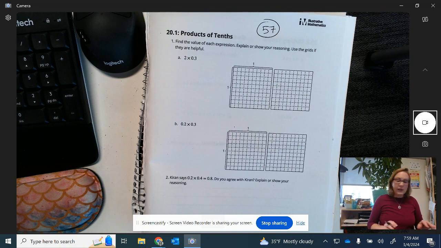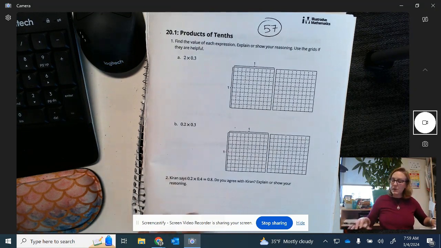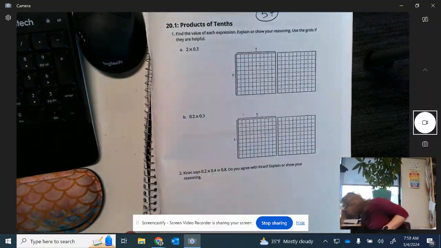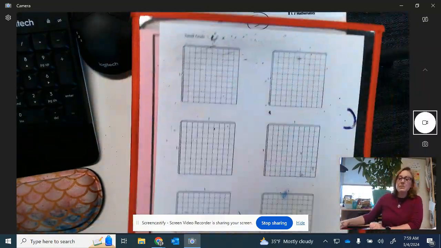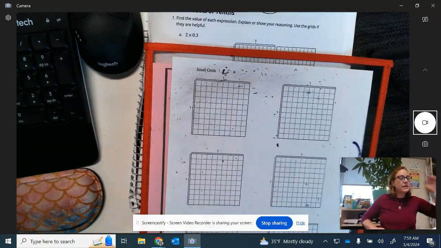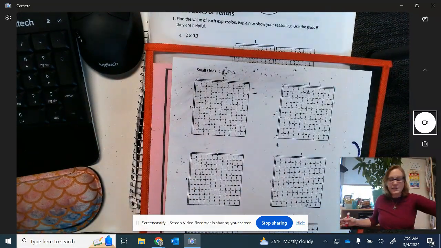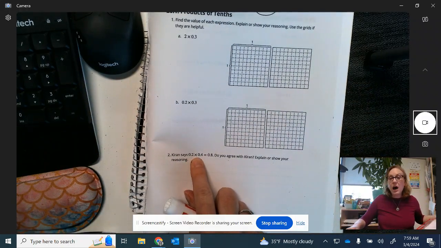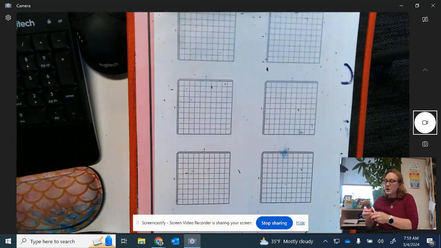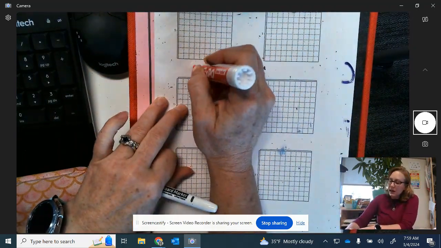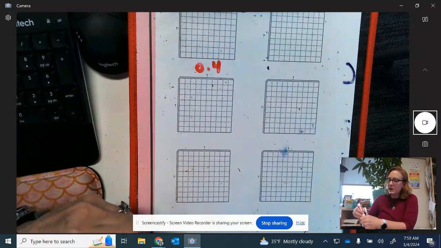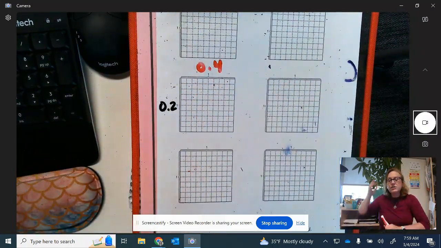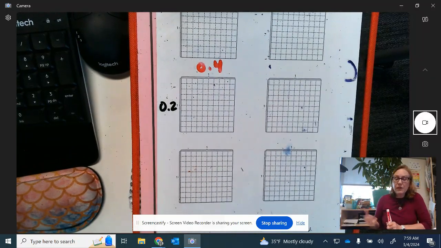What I want to really look at, and maybe the guest teacher, or maybe you guys came up with this on your own and you realized this. But if we look at this as 2/10 of 4/10, I'm going to label one side 4/10 and the other side 2/10, and do what we used to do with our area models.